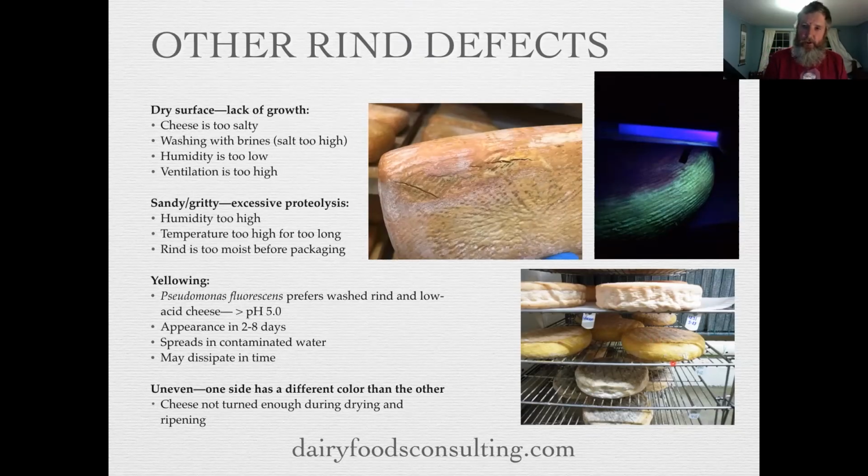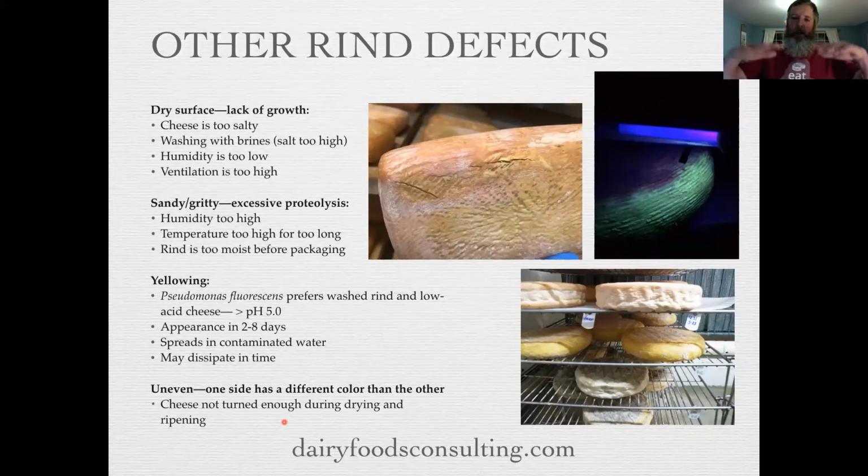You have a dry area on one side and a more grown-in area on the other. As far as I can tell, that's from not turning the cheese enough and getting it equally dry before it goes into the ripening room. Maybe it sat on one side longer in the cheese room during draining. So not turning the molds over enough during draining can also bring that into play.